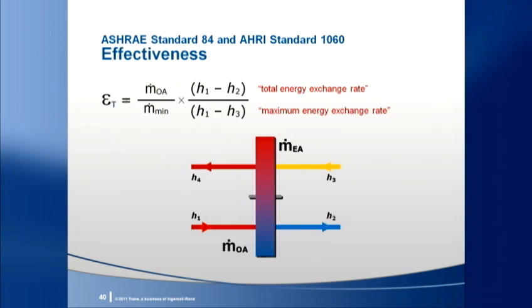If these two flow rates are different, meaning that you have less exhaust airflow than outdoor airflow, this effectiveness equation will result in a different answer than the definition of effectiveness used by 90.1. Bottom line is that a device with an AHRI certified effectiveness rating of 50% may not provide the 50% enthalpy reduction required by 90.1. Let's take a closer look at that.